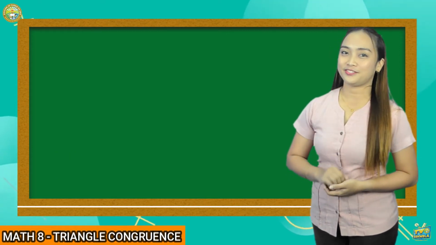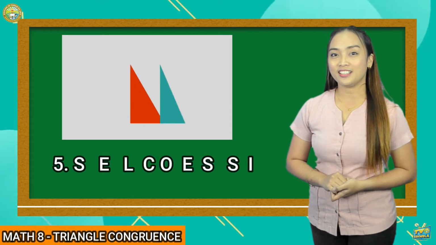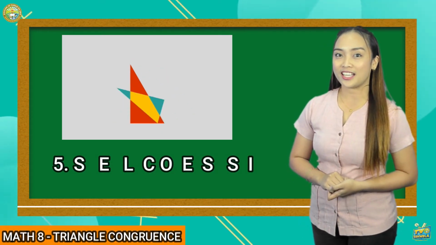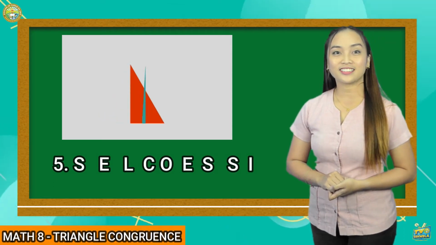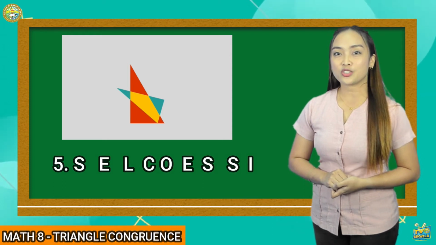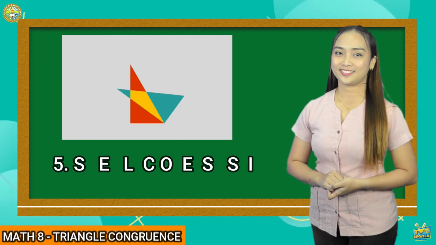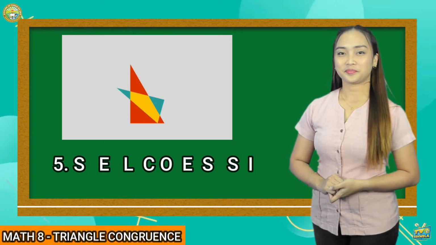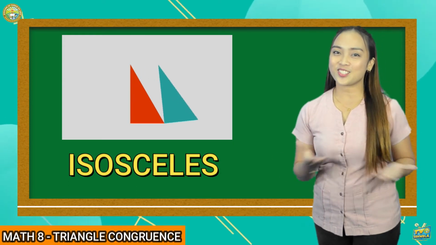Number 5. It refers to a triangle that has two sides of equal length. The correct word is isosceles.